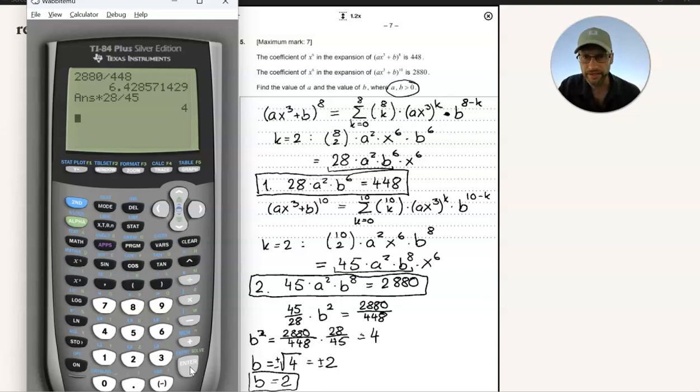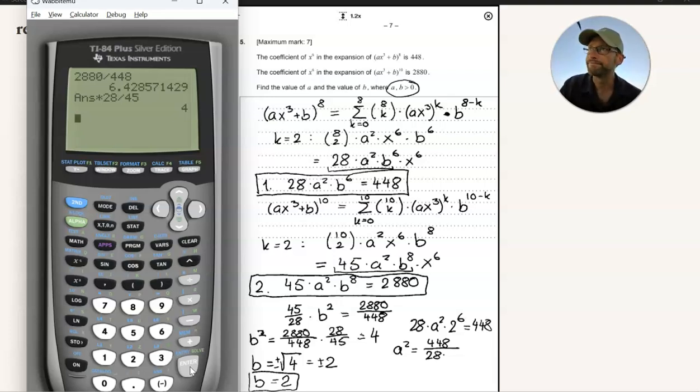And now we know the value of b, it's 2, so we can just put that into any of the equations. I prefer the first one, so I'm going to say that 28 times a squared times 2 to the 6 is equal to 448. And that means that a squared is equal to 448 divided by 28 times, what's 2 to the 6?